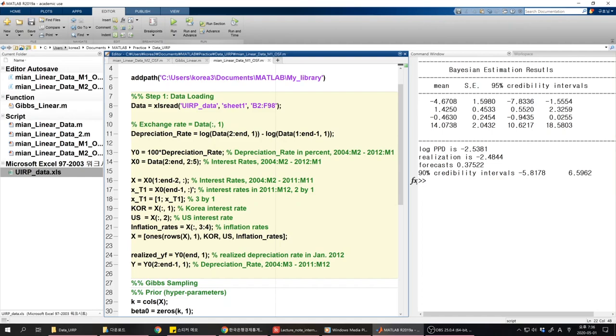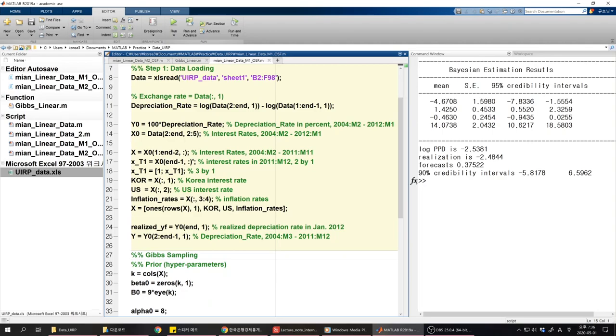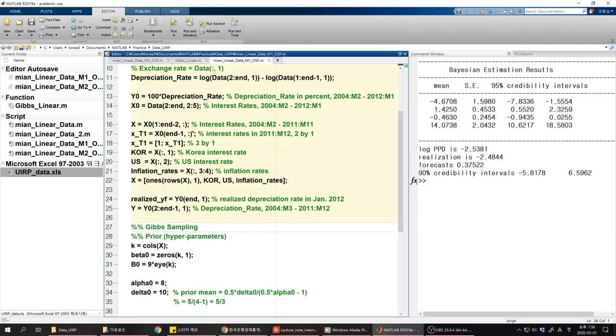Is there anything to change? Let's see. Nothing to change in this line. What about this? Of course nothing, because this is about the dependent variable. Then what about this?